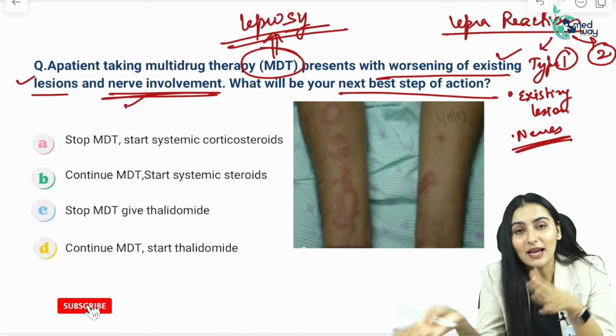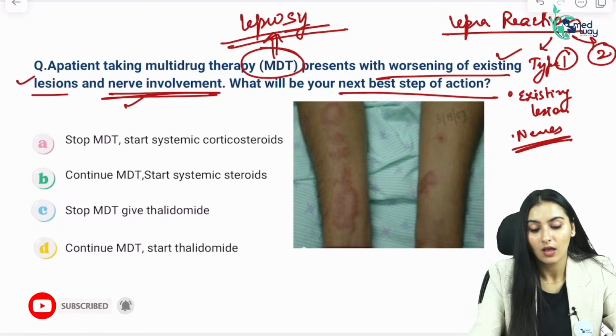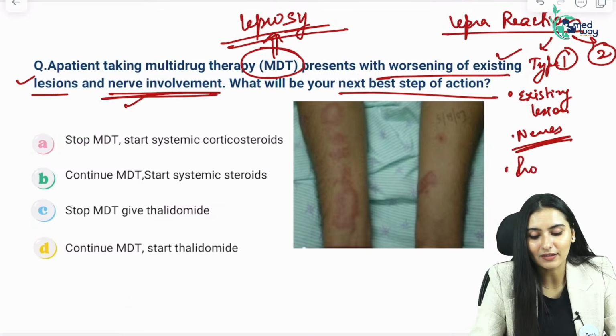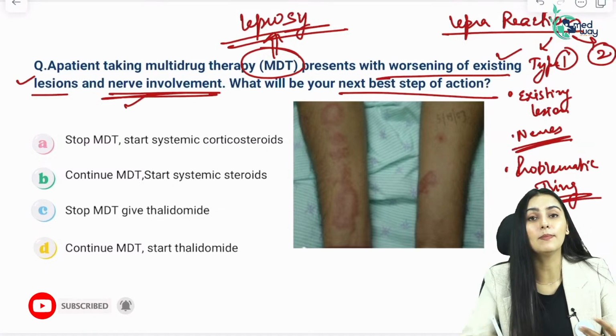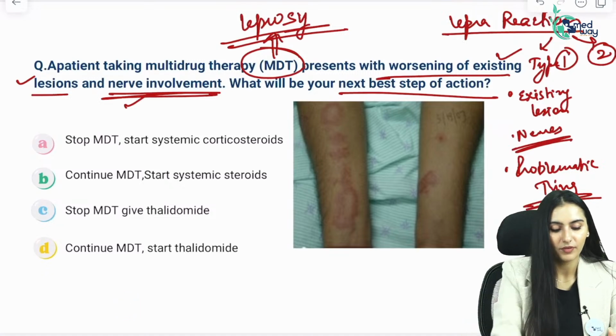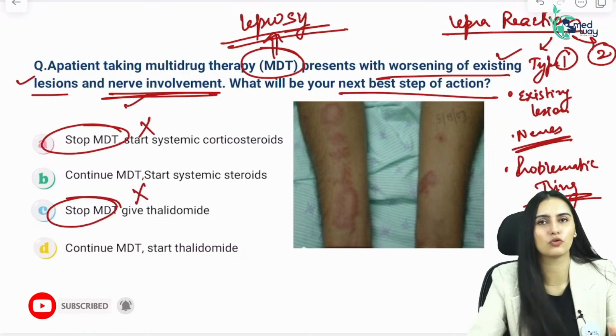That immunity will act against the bacteria that is there in the body. As a result of which it will show signs. It is a problematic thing for the patient. But it is a good thing actually. If you look at it, the immunity is coming back. So you want to continue the treatment. So stop MDT, so out. You don't want to stop MDT.